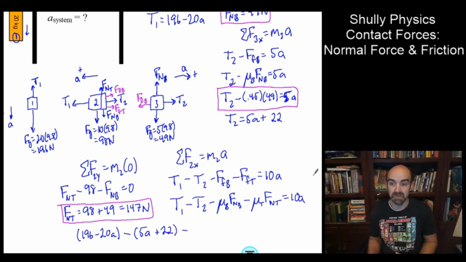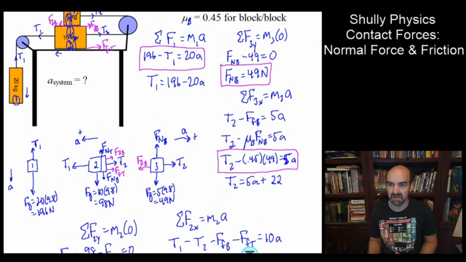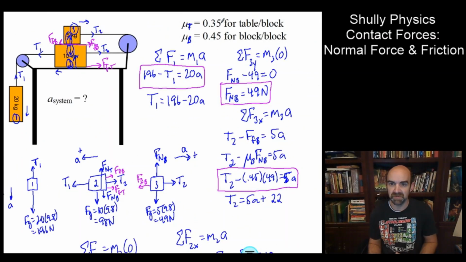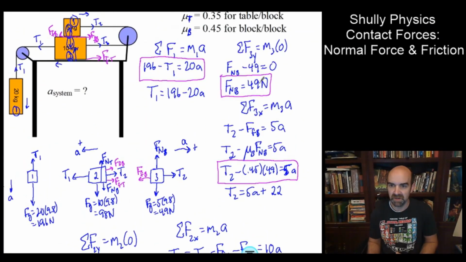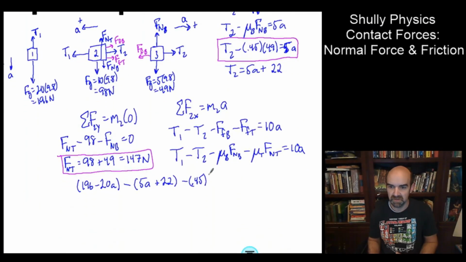Minus mu B, mu between the blocks, is 0.45 and with the table 0.35. So 0.45 and FNB, I have that, 49, minus mu of the table is 0.35 and the normal force of the table is right over here, 147, equals 10A.